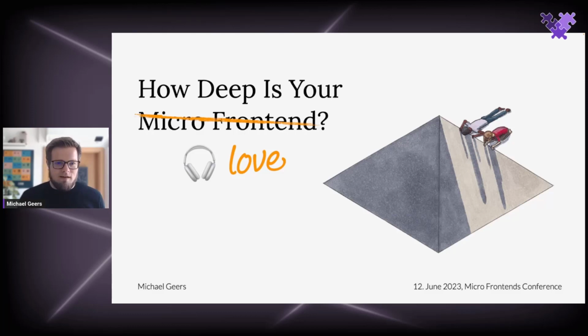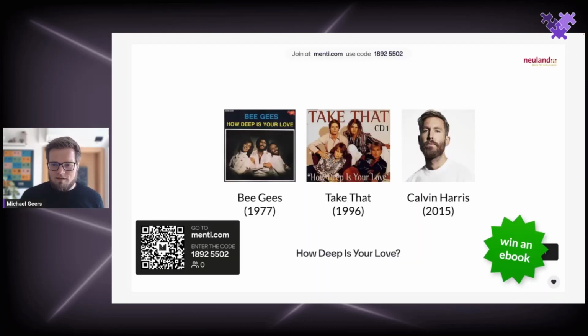So I did a little bit of Googling and found out that there are at least three very popular versions of the song that were in the charts at one time. The original is from the Bee Gees in 1977, and then exactly 19 years later, Take That did a cover of the song. I guess this is the thing that plays in my head when I hear the term "How Deep Is Your Love?"